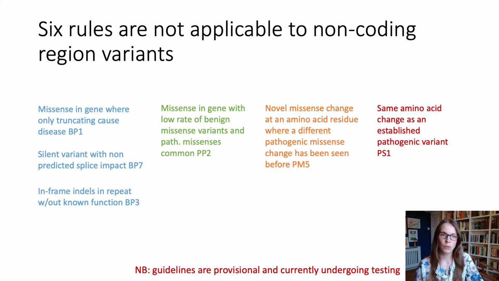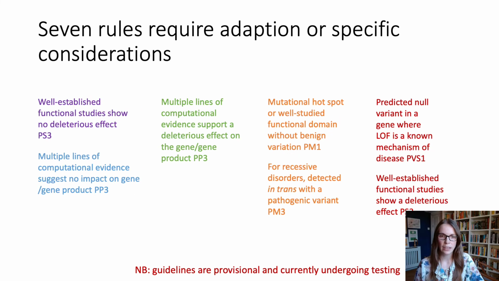Six of the rules are specific to types of protein coding variants, referring specifically to, say, missense, nonsense, or inframe indels, so these are not applicable to non-coding region variants. That left a set of 7 rules where we thought they needed either specific adaptation or specific considerations to be applied to non-coding region variants.